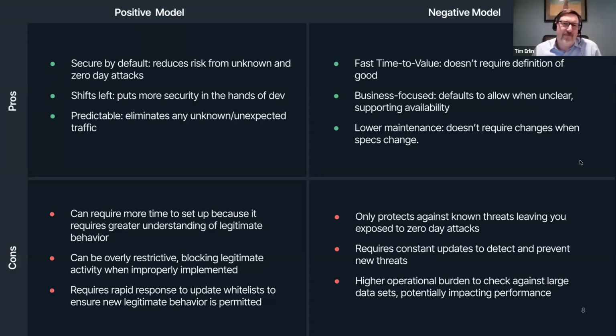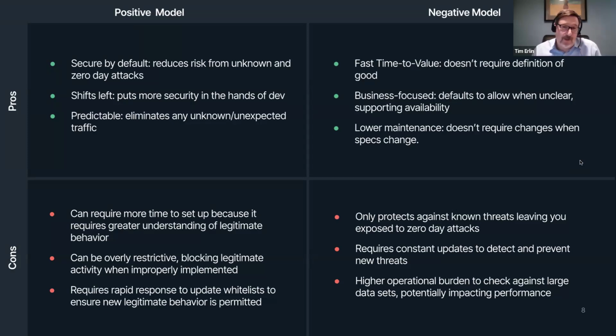The point is that it favors availability of the application or the service over blocking anything that's unknown. So in that sense, it's more focused on the successful operation or the availability of that application than the positive model. And of course, there's a lower maintenance there, at least for the end user, because you don't have to change it when the specs change. You update your application, and that negative model continues to operate, blocking things that are known to be bad.